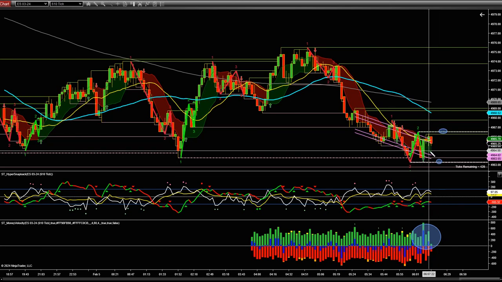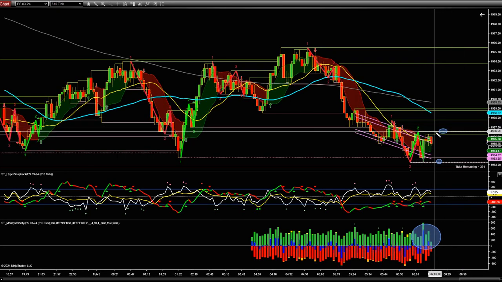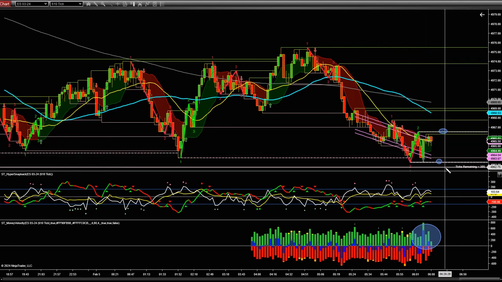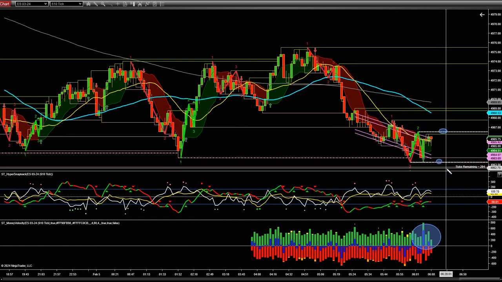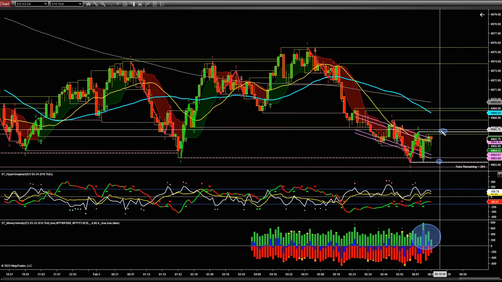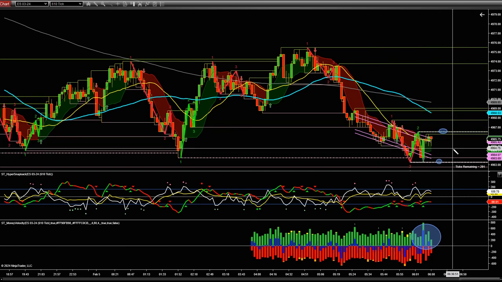So once price breaks up, that will go away, the top part of the chop box, and if it breaks down, that's the low of the chop box, and if it breaks through that, then you're looking to go short. Here you're looking to go long, you're looking to go short. But right here you sit on your hands, you do not trade.